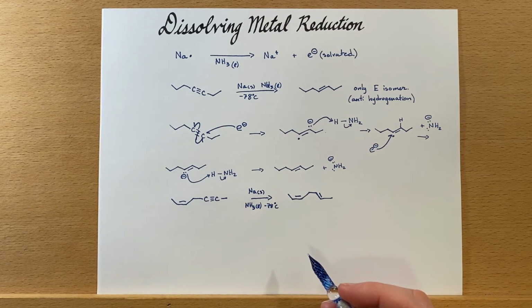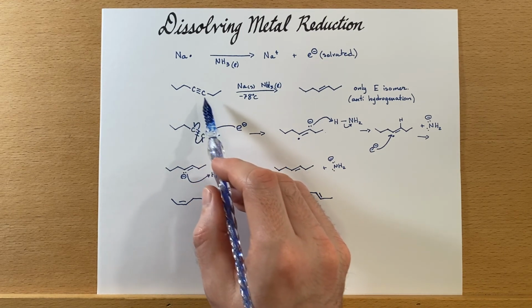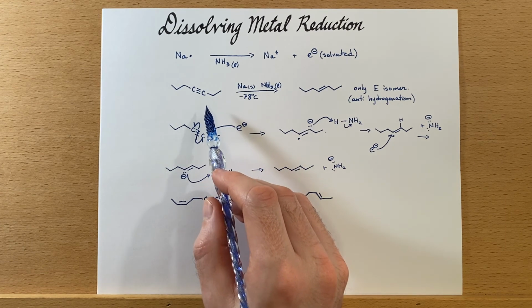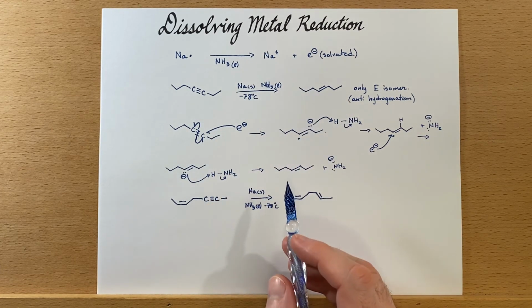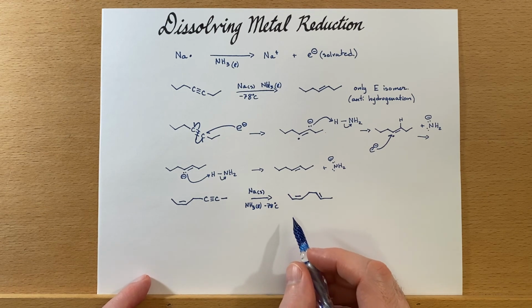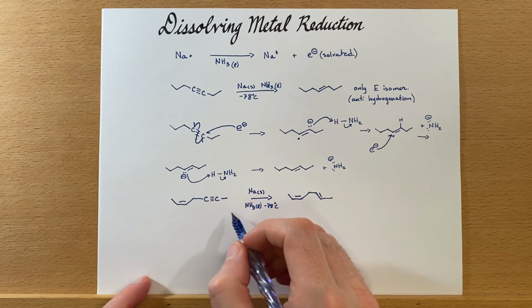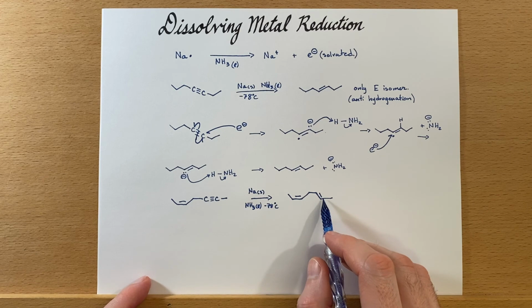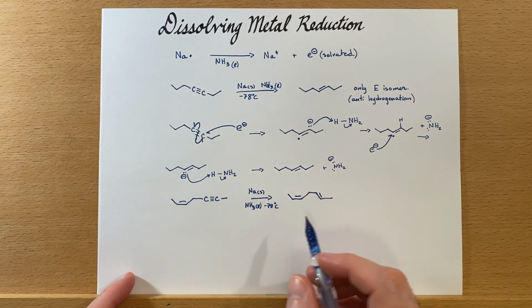We can use a poisoned catalyst with hydrogenation to do a heterogeneous hydrogenation and form the cis isomer, or we can use a dissolving metal reduction and form the trans isomer. And this works exclusively on alkynes. So we're able to reduce an alkyne in the molecule while leaving other double bonds like alkenes alone.